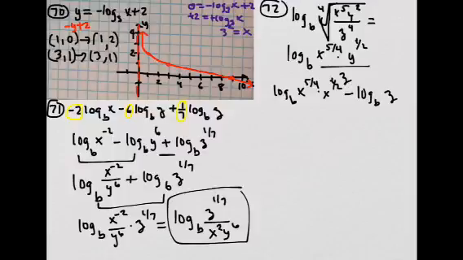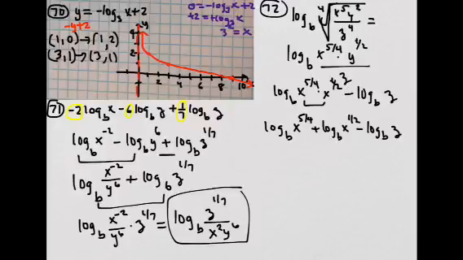Now I'm going to break up the log of the product, which becomes the sum of the logs. So log base b of x to the 5/4 plus log base b of y to the 1/2 minus log base b of z. And finally, to be completely expanded, those exponents have to come down.